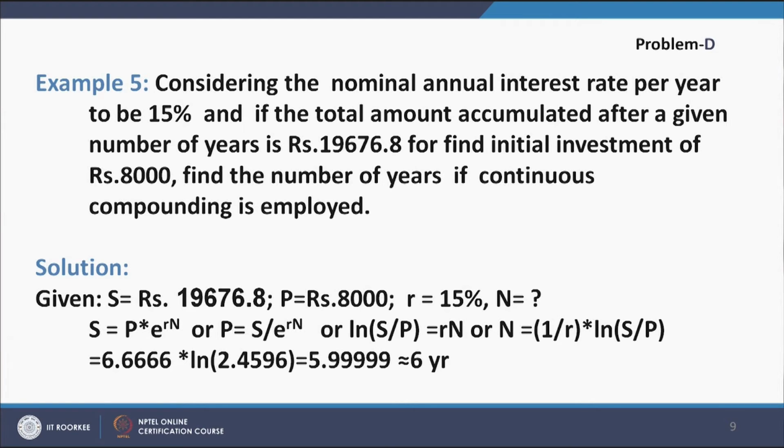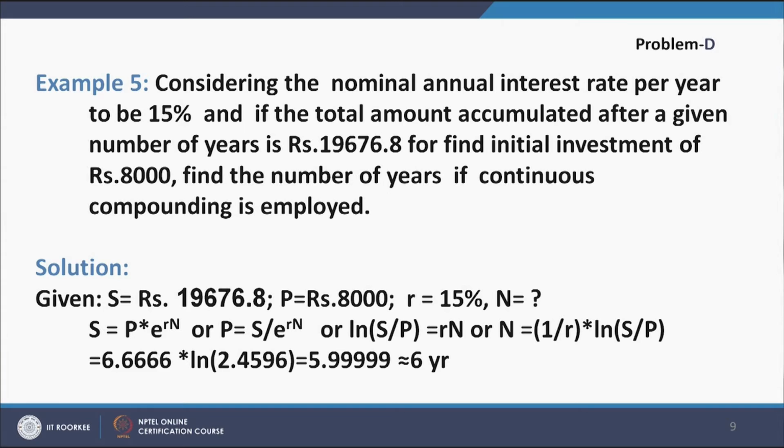So, again we use the same equation, S is equal to P into e to the power Rn, or P is equal to S by e to the power Rn, or we can write e to the power Rn is equal to S by P. If we take log on both sides, ln S by P is equal to Rn, or n is equal to 1 by R into ln S by P. This is equal to 6.6666 into ln 2.4596, and we multiply these two, it comes out to be 5.99999, which is equivalent to 6 years.